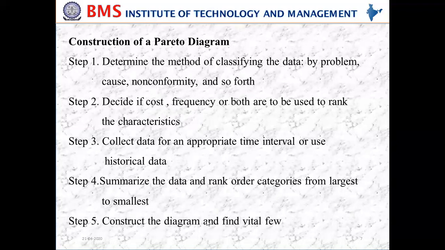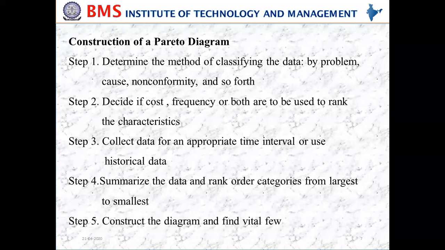Then the third step is to collect the data for an appropriate time interval, or use historical data. That is, you need to collect the data for an appropriate time, like a span of 1 year or 2 years. Like that, you need to have a time interval for collection of the data.